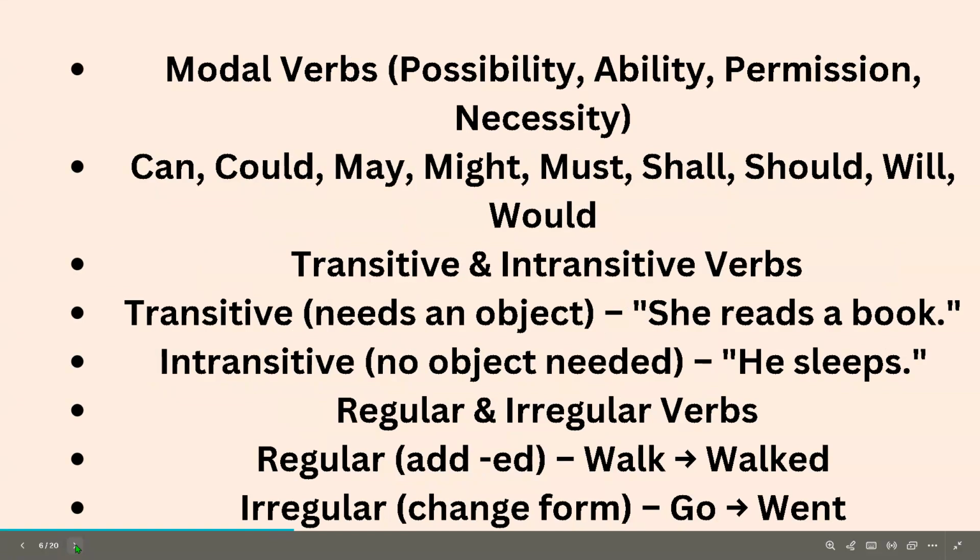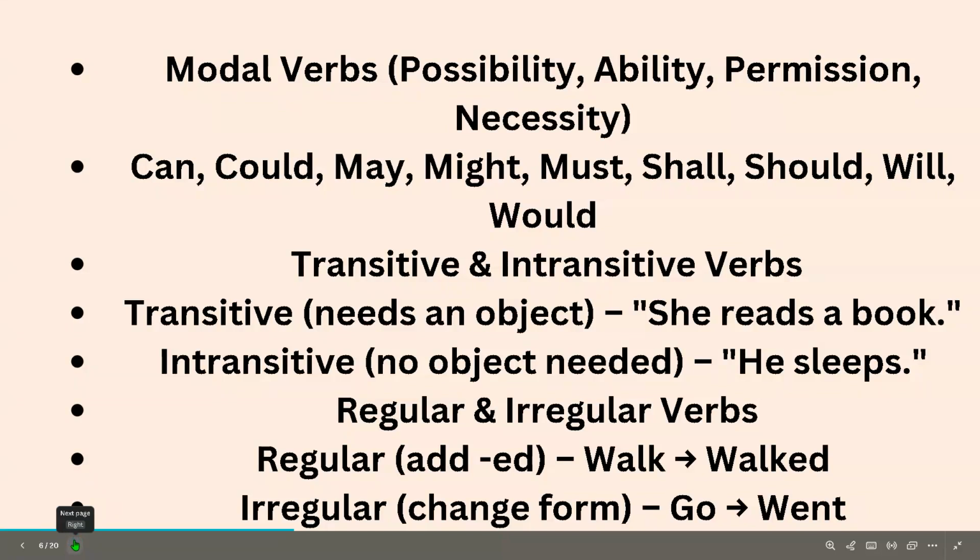Next, modal verbs: possibility, ability, permission, and necessity. So all these verbs are used to show the ability, to take permission, and the possibility of occurrence, and so on. So can: I can do this. That shows the ability. Could: could you please open the door? When I request, it is the most polite form of asking.